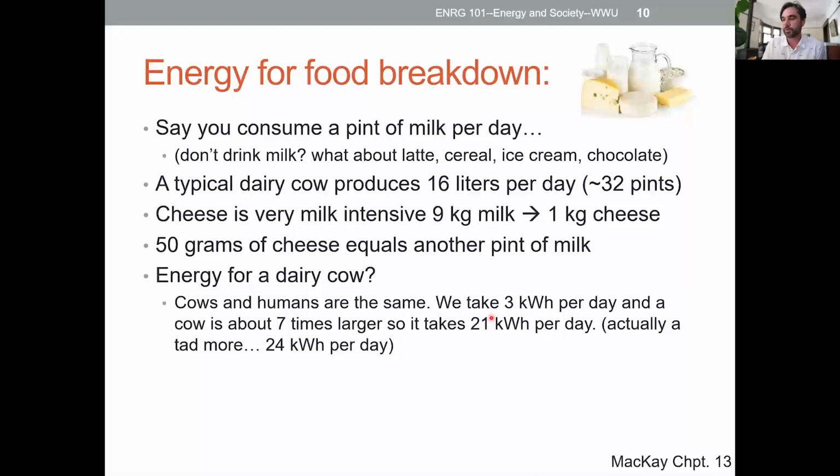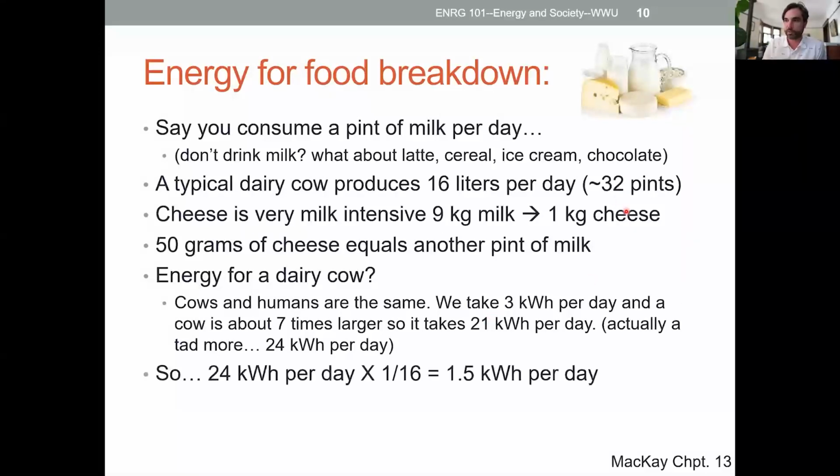So a cow is 24 kilowatt hours per day to run, and they make 32 pints of milk. So 24 kilowatt hours per day multiplied by 1/16, that's how much milk you consume. So if you consume dairy products, we need another 1.5 kilowatt hours for your personal energy budget.